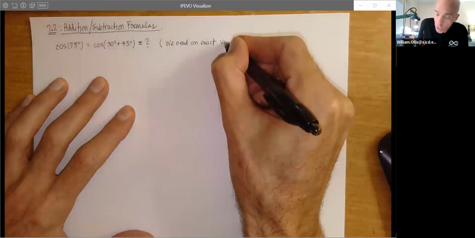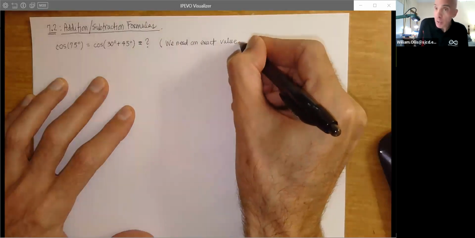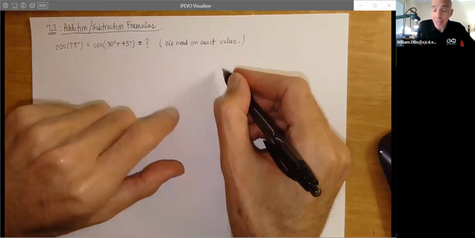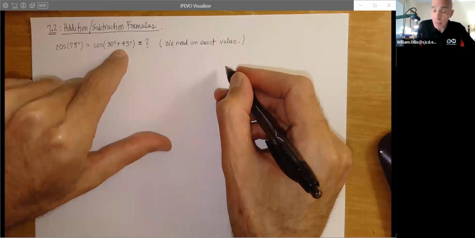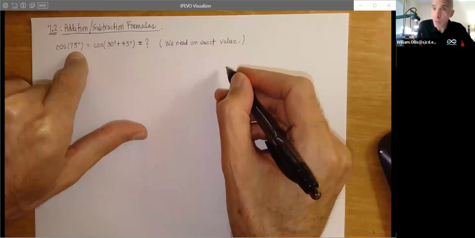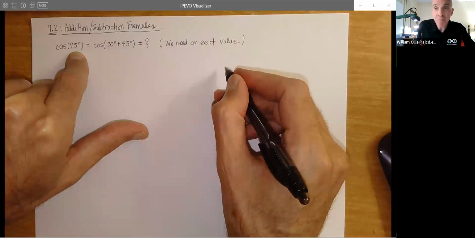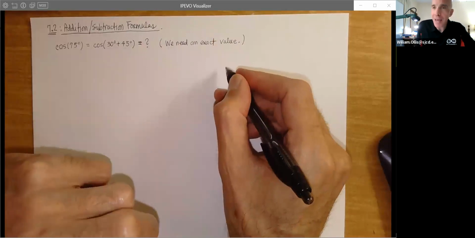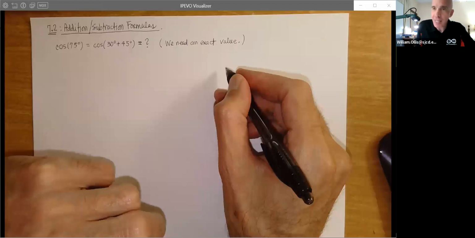Now, of course, you're thinking, well, you could just run the problem and you could see if WebAssign would let you get away with this. That is, you just leave cosine of 75 degrees in your formula. I haven't tried that, and so most students end up asking me, and I share the idea with them.